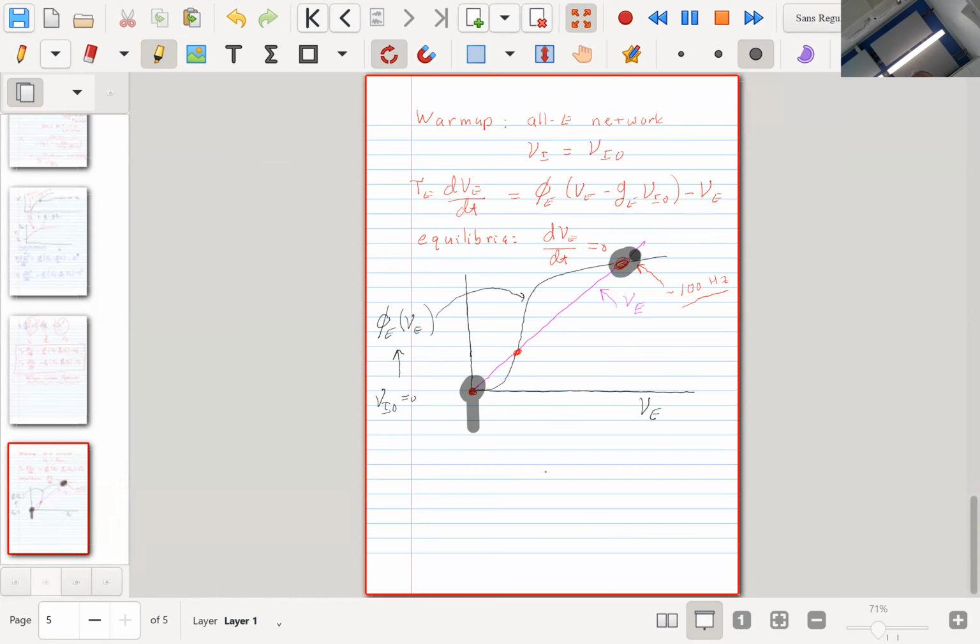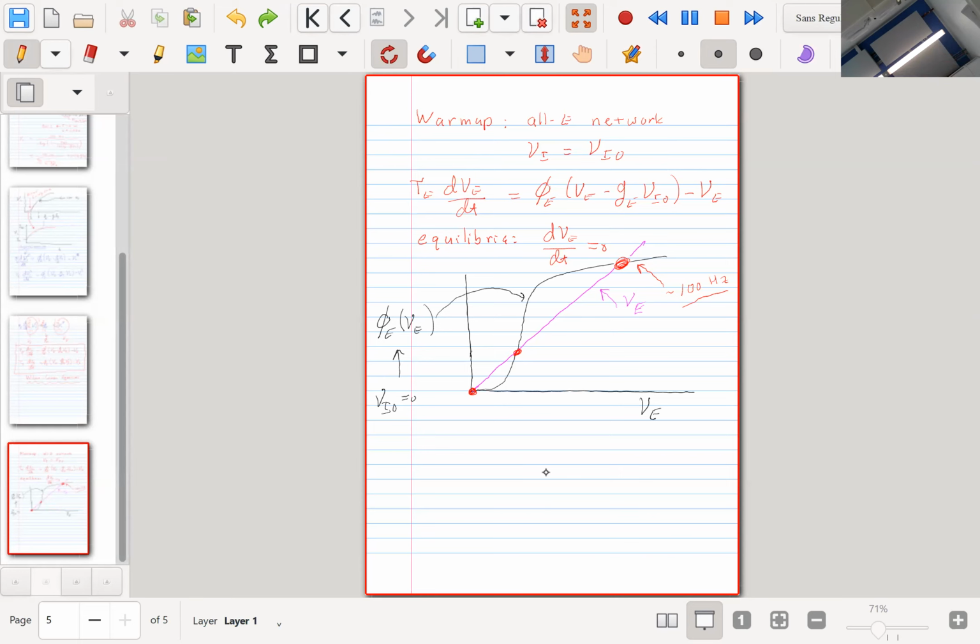Up here, if it's firing like mad, the recurrent connectivity is going to keep it firing, and this one should be unstable. Okay, so this is our intuition. If you spend a lot of time with ODEs, you'll have the same intuition. If not, you won't, but that's okay. What we want to do is put a little mathematical teeth into that and figure out what the equilibria really are.